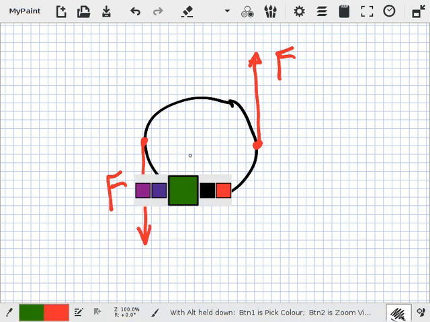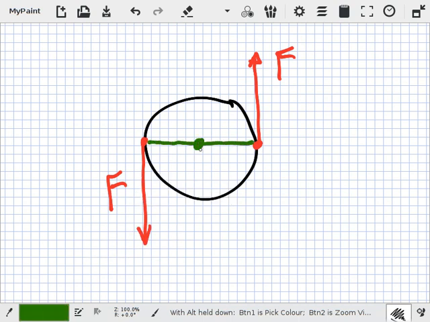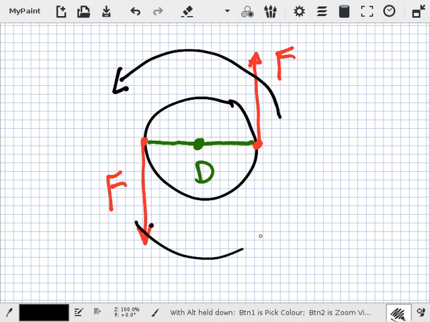Let's call this distance here capital D, for the total distance. Now, will this force make it turn clockwise or anti-clockwise? It'll make it turn anti-clockwise. And this one here? Also anti-clockwise. So both forces are trying to help you turn it.